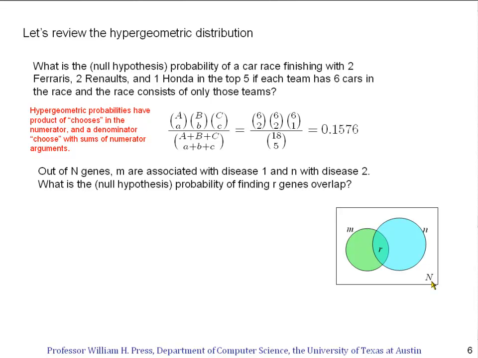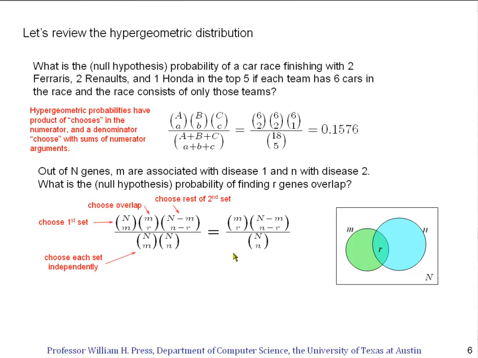So the picture is shown here. The total number of genes is capital N. We have m associated with disease 1, n associated with disease 2, and here in the center r in common between the diseases. You can see why this is an interesting problem, because it might be that these r genes are simply chance associations, or it might be that what we've discovered is a relation between the two diseases, that they share a common set of genes that causally are involved in causing both diseases.